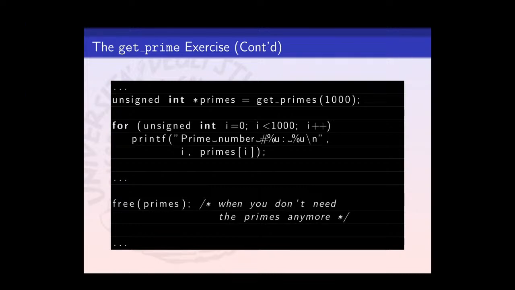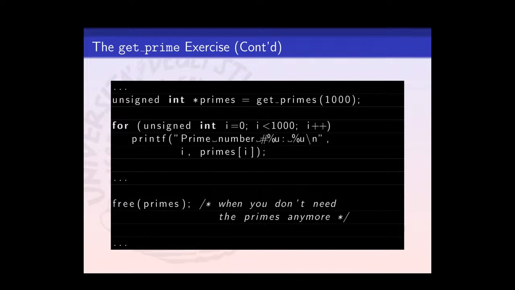The result will be a pointer to a memory location which is able to store 1000 unsigned integers. Okay, so this is it. In this way, that pointer is a pointer to the result of our computation.